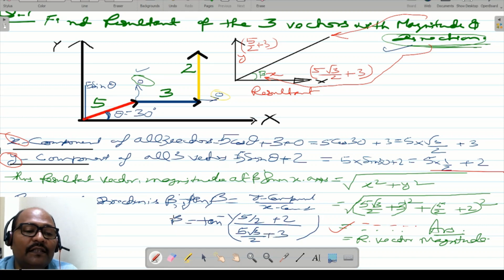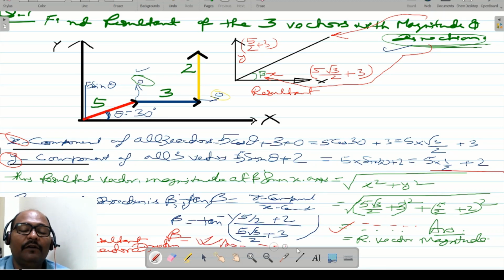So accordingly, this value will give the resultant vector direction, that is beta equal to, you get the answer. I will not go into the calculations, students. You can get it through the trigonometric table. You can identify the value.